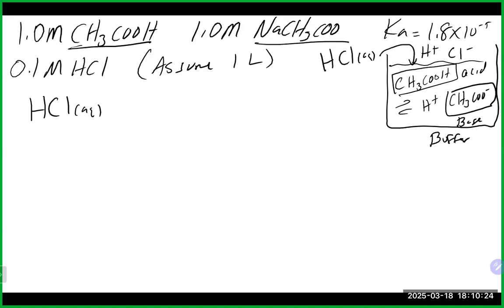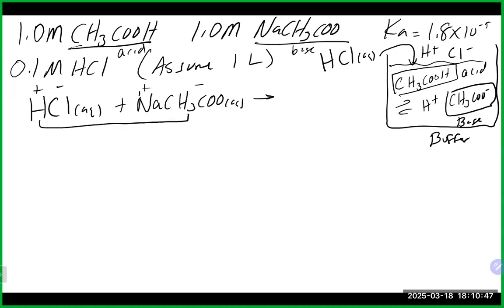It will react with the sodium acetate, because they're called acid-base reactions, not acid-acid reactions. It sounds funny, right? This is my acid, and that's the base part of the buffer. So we get a reaction with the base part of the buffer, the sodium acetate. This is just a double displacement reaction: plus minus, plus minus. We switch partners, basically.